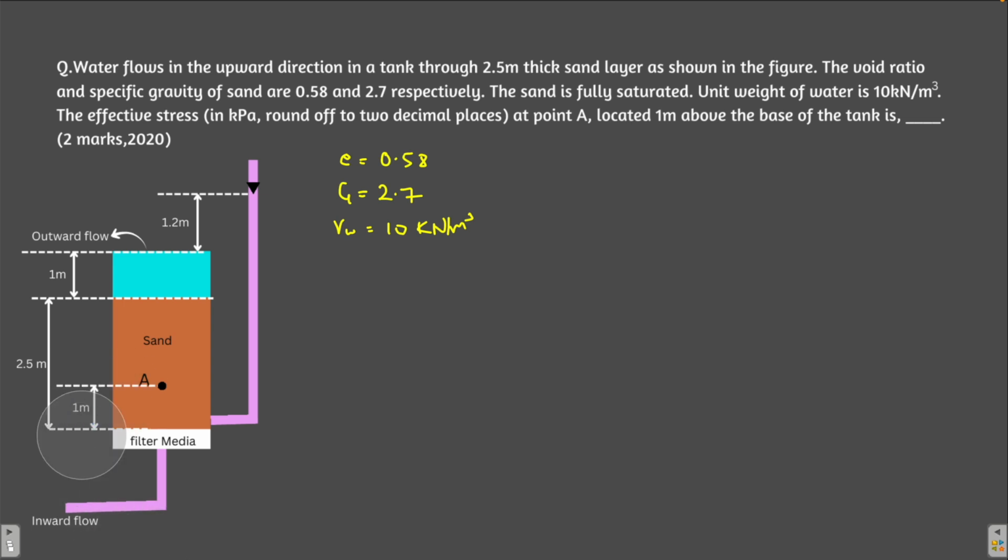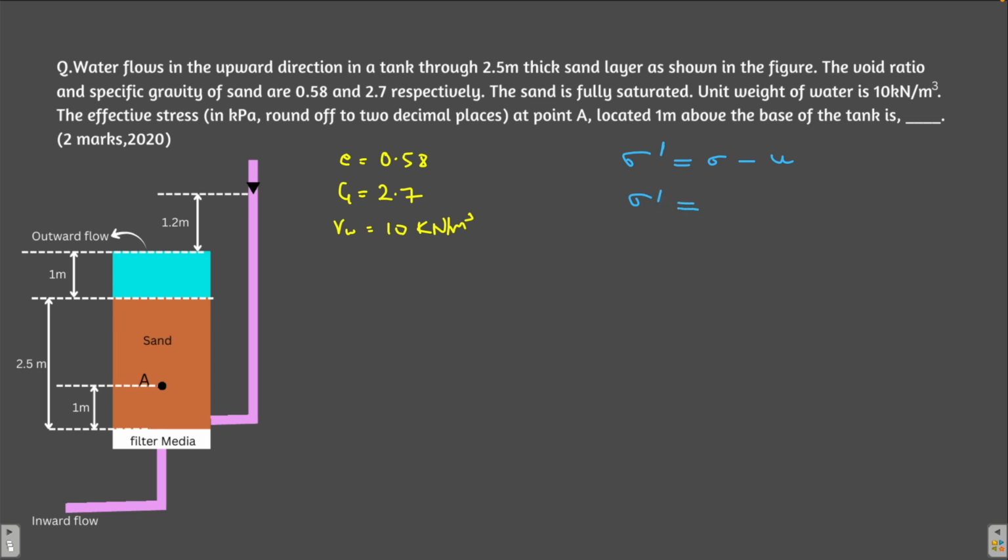Now you know that effective stress is equal to total stress minus the pore water pressure. But this case is true when the water is in static position. That means it is not flowing in the downward or in the upward direction. But if the water is flowing, then the effective stress, we do not calculate it like this. The effective stress, what do we do?